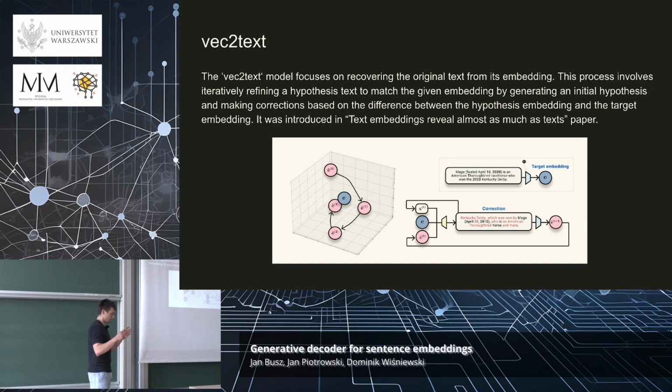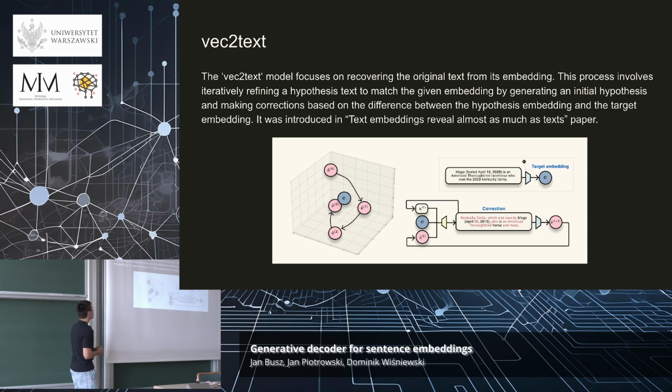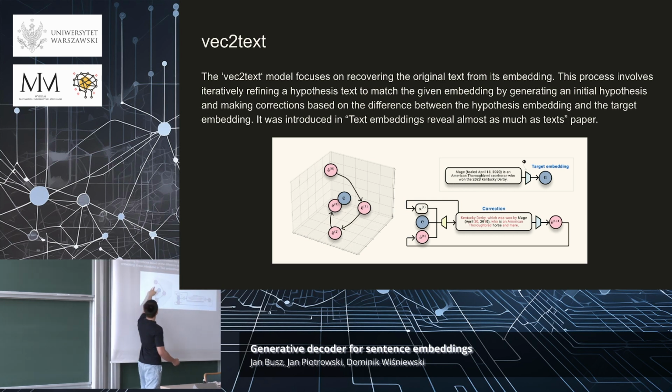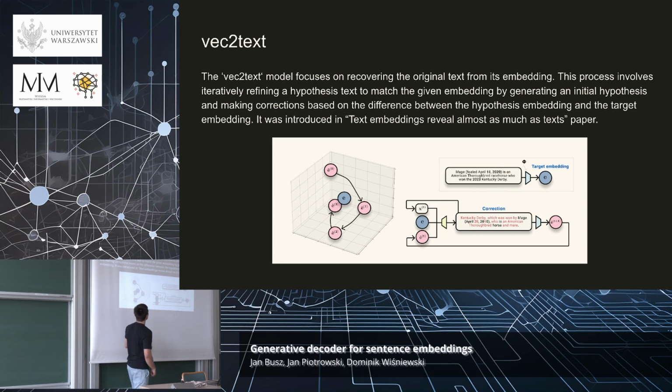So it iteratively finds a vector which has a close cosine similarity with the target vector, but it works in a way that it has a fixed amount of tokens, and in each iteration it changes those tokens in a way that cosine similarity increases.